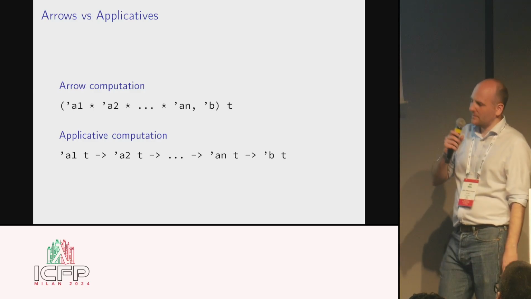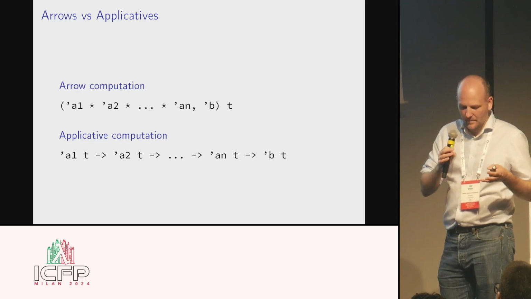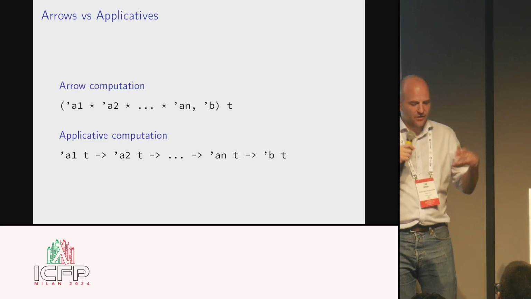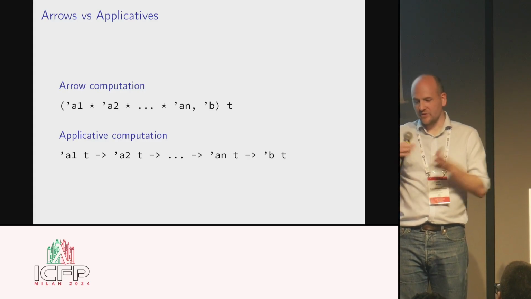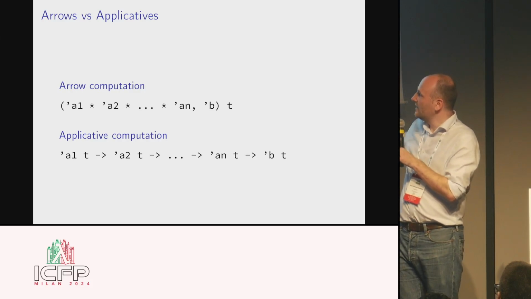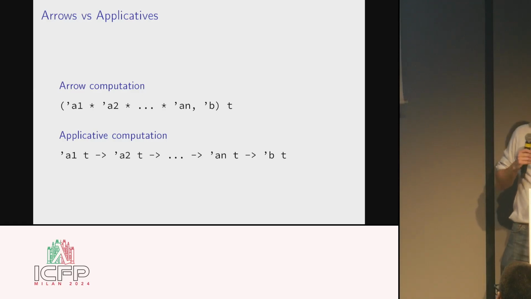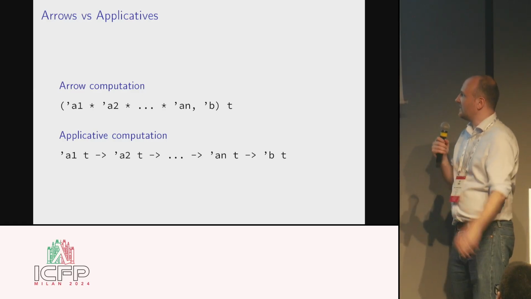Right, and so there's an obvious difference between arrows and applicatives. With an arrow, when you're trying to have a computation that takes a bunch of alphas and produces a beta, you represent that with a product of alphas to beta t. Whereas with an applicative, you would represent the same thing by alpha t, and so on, to beta t.